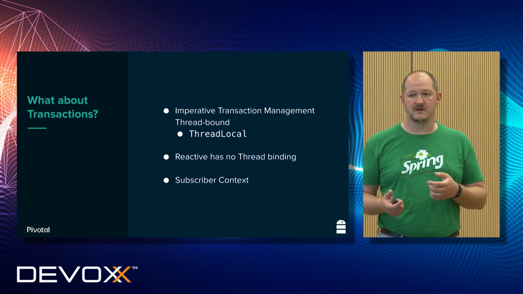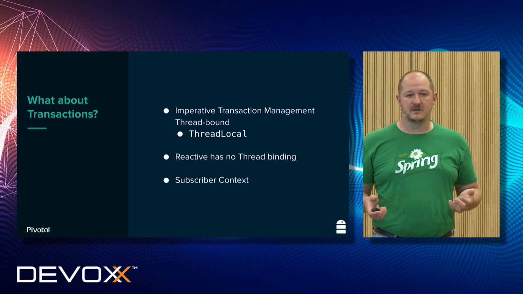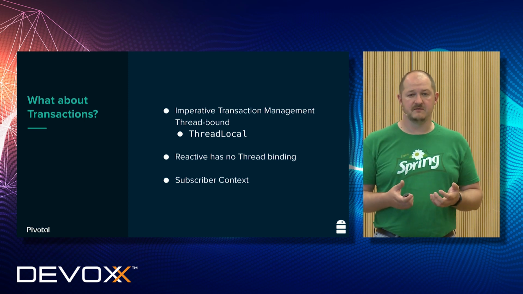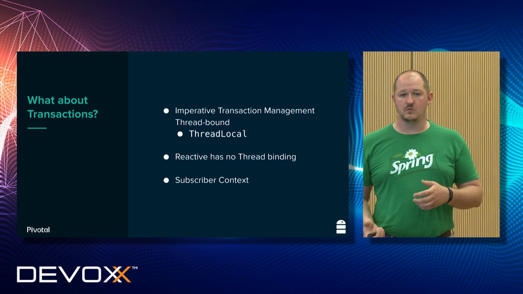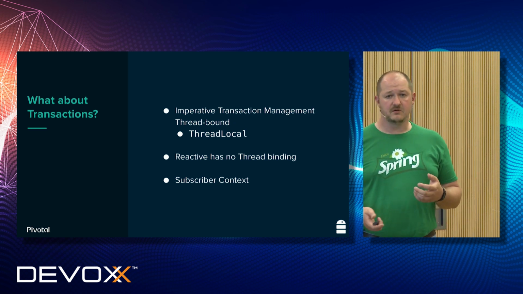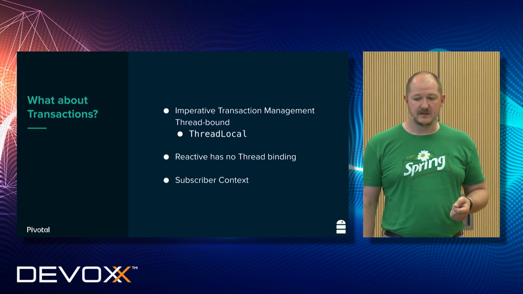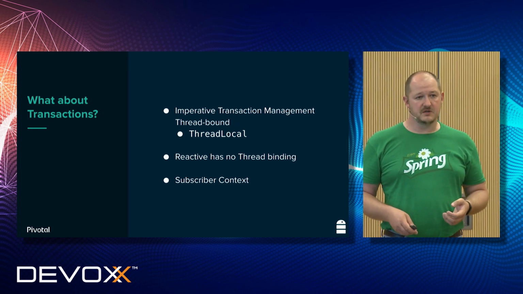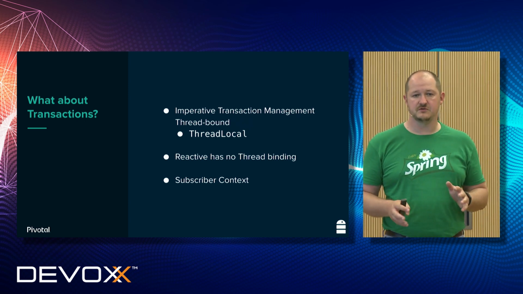The only thing that you have there is either transactional demarcation or a transaction template, or something different that tells the framework when to start a transaction and when to end it. And all this information is typically bound to a thread local variable. Since reactive has no notion about threads anymore, threads happen, but we do not have so much control over that.